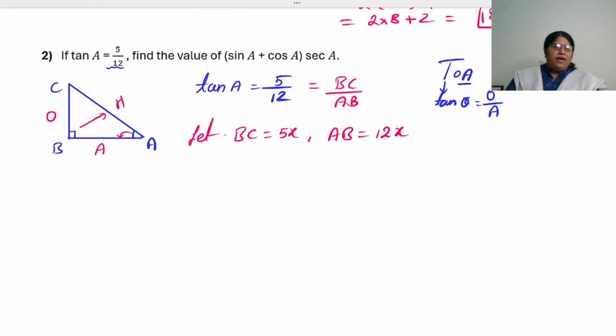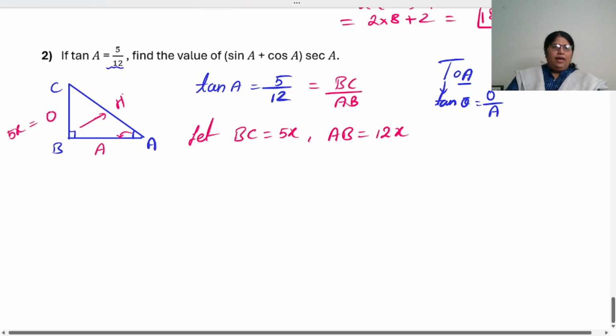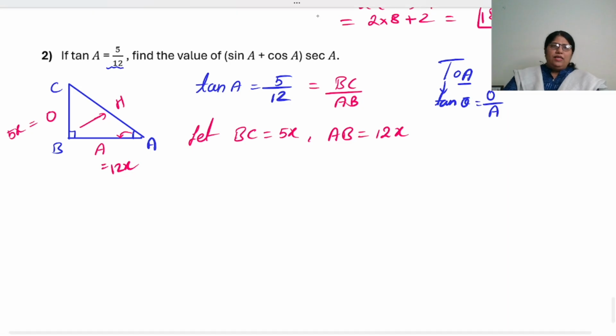Now again, using Pythagoras theorem, because BC is given as opposite, 5x, and AB is 12x, can we find out the length of AC using Pythagoras theorem? In any subjective question, make sure you are writing all the required reasoning.